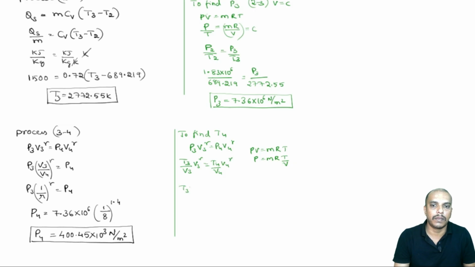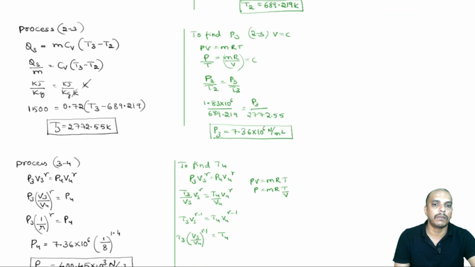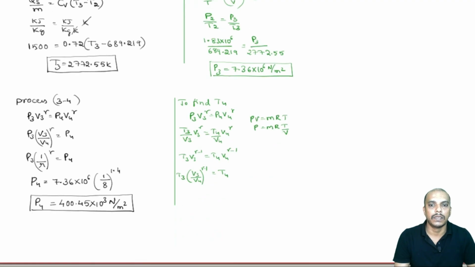So T3 V3 power gamma minus 1 is equal to T4 V4 power gamma minus 1. If you want T4, T4 is equal to T3 times V3 by V4 whole power gamma minus 1. Now, what is V3 by V4? V3 by V4 is 1 by R. So T4 is equal to T3 times 1 by R whole power gamma minus 1.